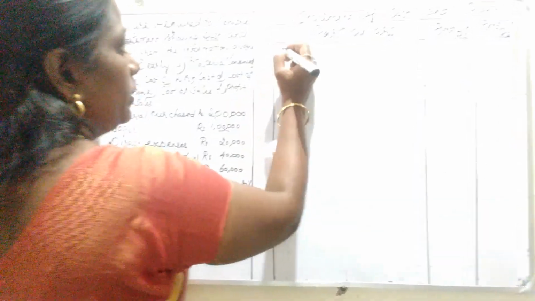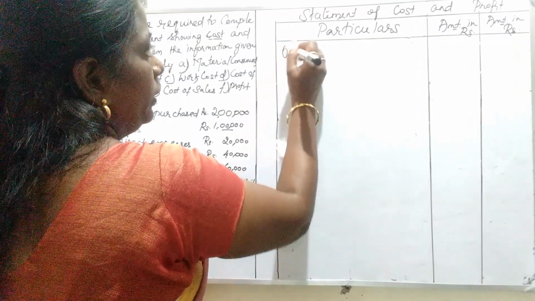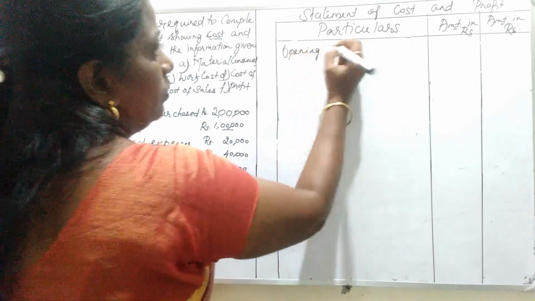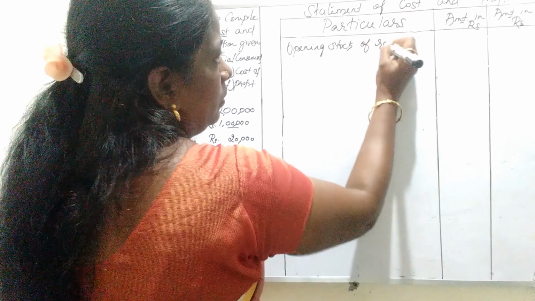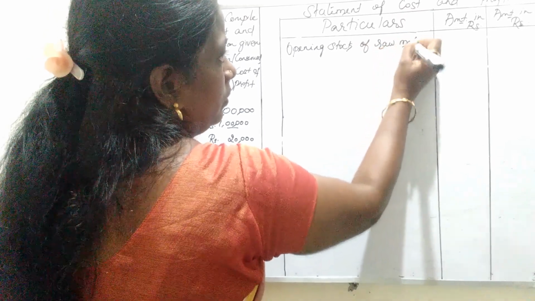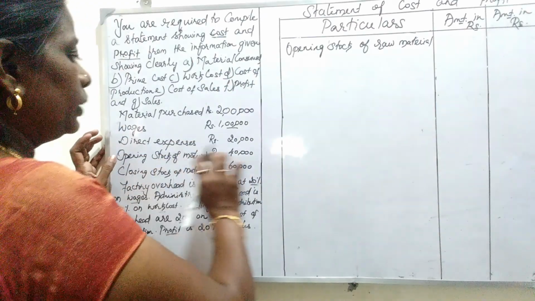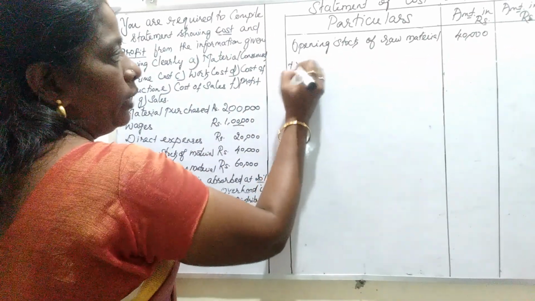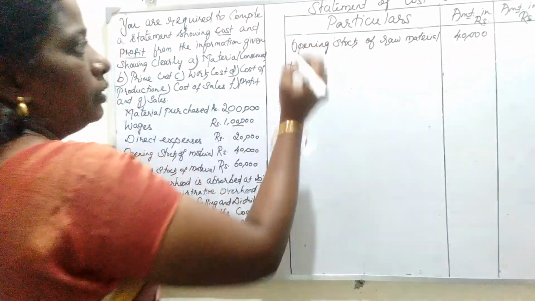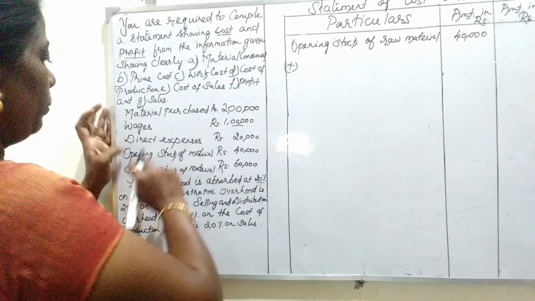Okay, so first opening stock of raw material. So what is the value given? Opening stock of raw material is rupees 40,000. Then we have to add the purchase of raw material.